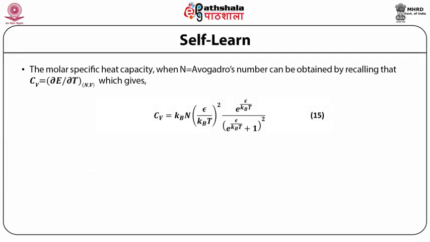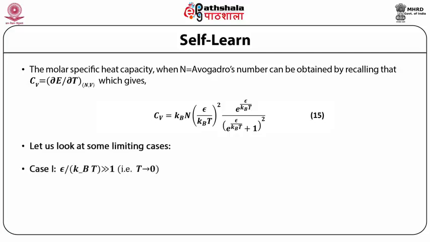The molar specific heat capacity, when N is equal to Avogadro's number, can be obtained by recalling Cv equal to dE by dT at constant N and constant V, which gives Cv equal to kB multiplied by Avogadro's number N multiplied by (epsilon upon kBT) whole square multiplied by e raised to the power epsilon upon kBT divided by (e raised to the power epsilon upon kBT plus 1) whole square.